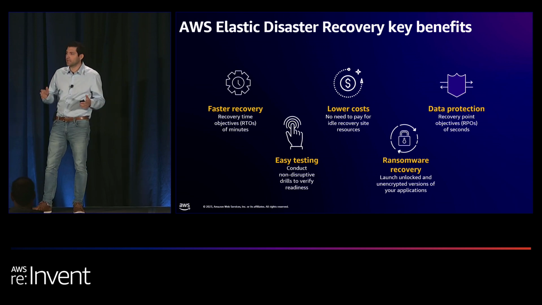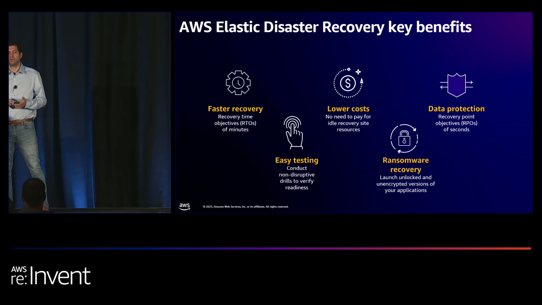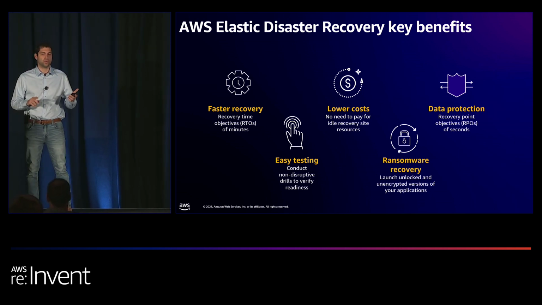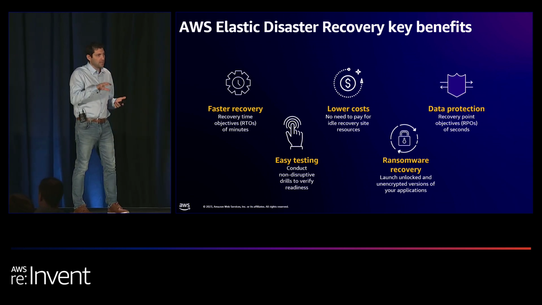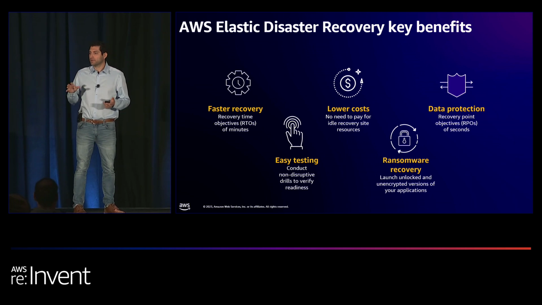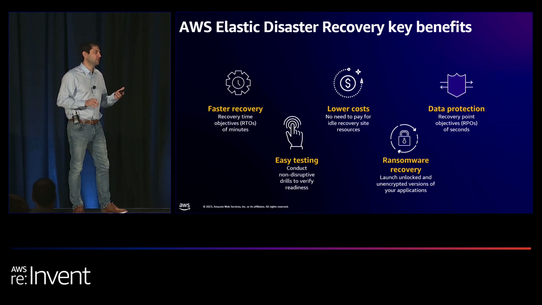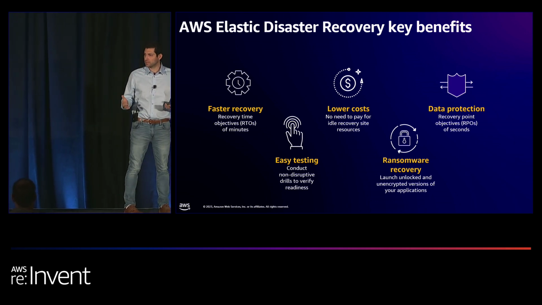I want to see that my database is working, that various applications are running, that an endpoint is approachable, etc. So you'll be able to plug in multiple automatic verifications so that the DR drill will be simple, and you'll be able to see the feedback and do it as frequently as you want.